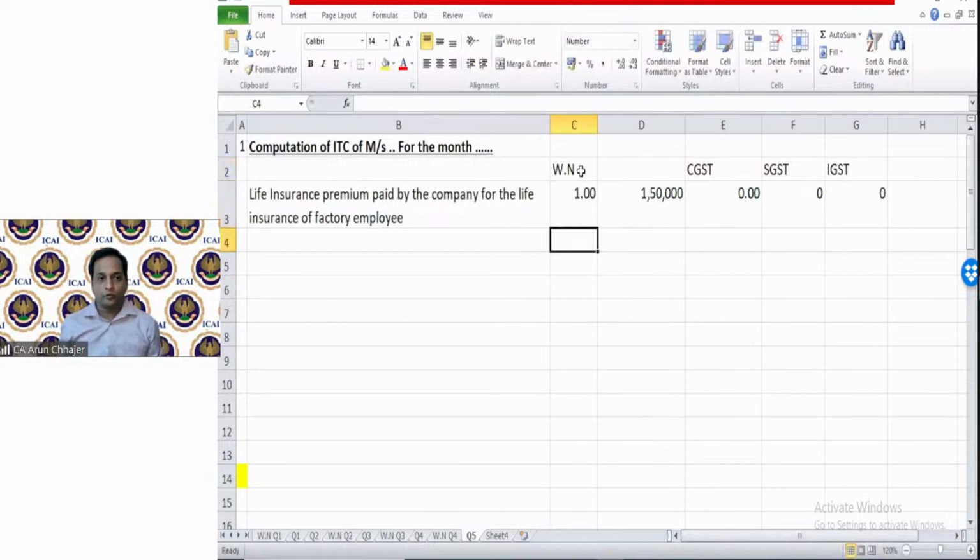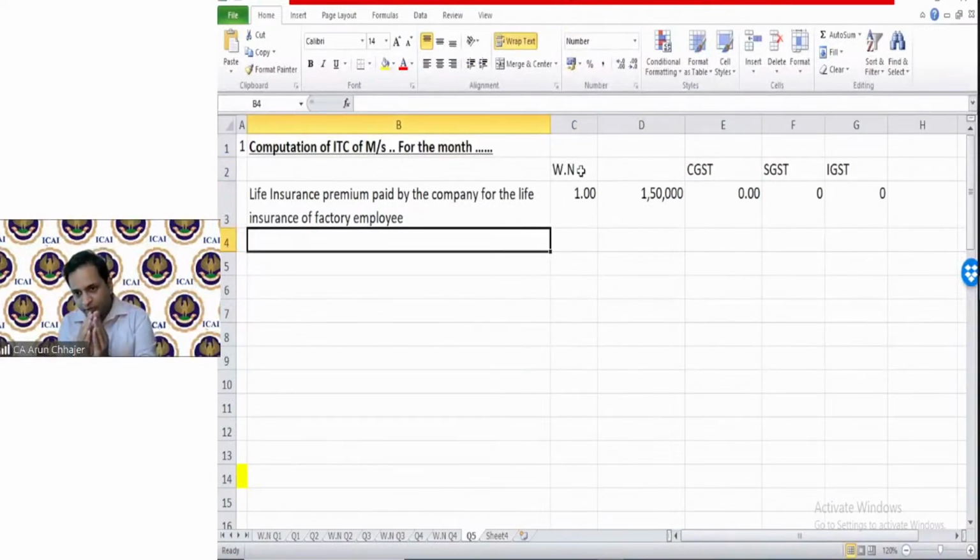You will write a working note because I have already covered this one. So you can simply say the life insurance premium falls under the blocked category of Section 17 sub-section 5, clause B. Therefore ITC is blocked and it is also not obligatory, hence no ITC. Very nice. Correct.